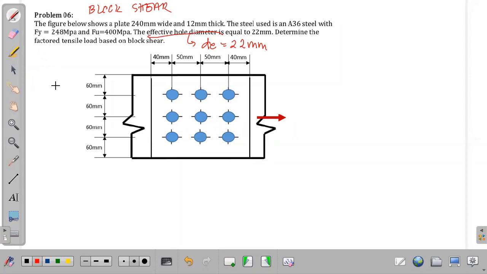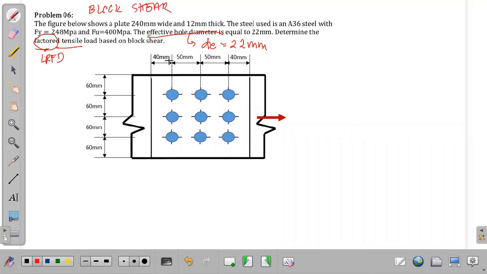Okay, so we have to determine the factored tensile load based on block shear. So ang hinahanap natin is the factored tensile load. So factored, given yung factored, so anong method yung gagamitin natin? That is LRFD method. Okay?